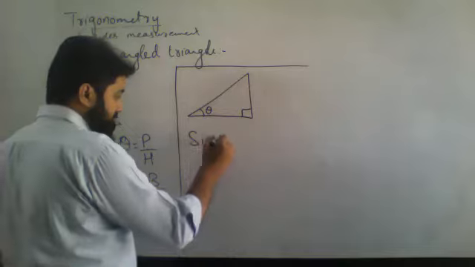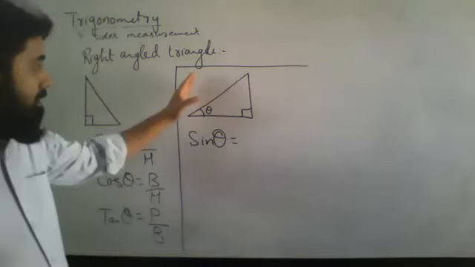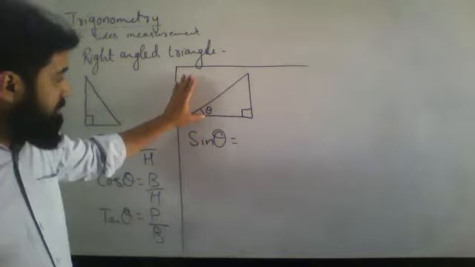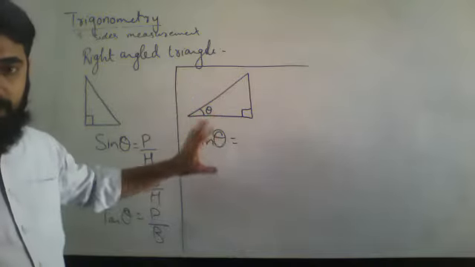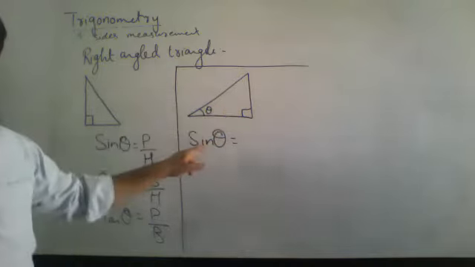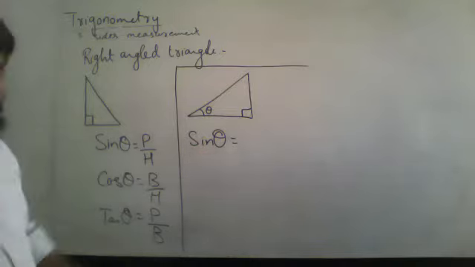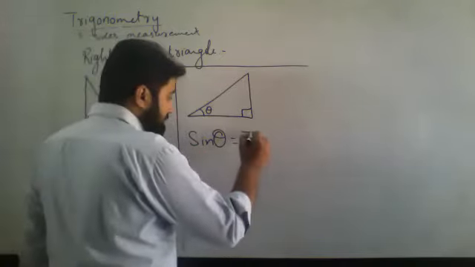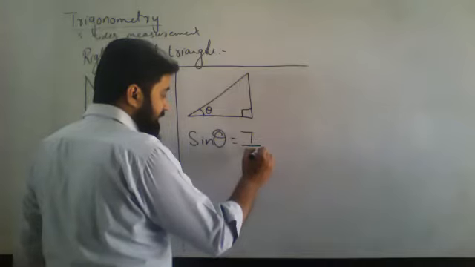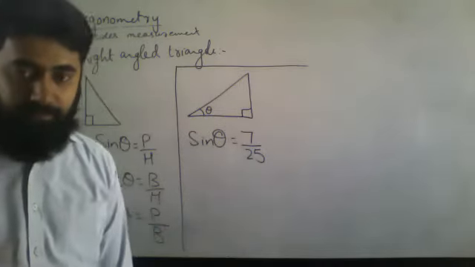sine theta, in this triangle whose values are not given to me. So they have given us this thing. They are saying that in one of the parts, the value of sine theta is given as 7 over 25.